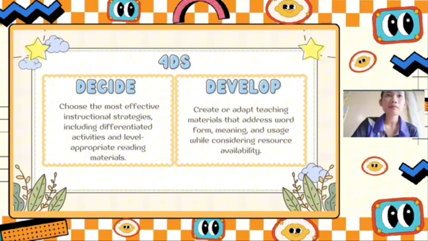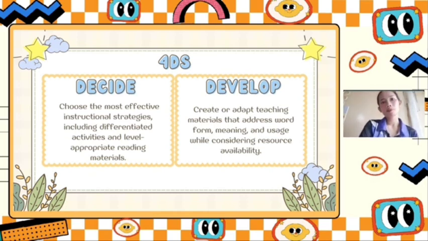Then, you have to choose and decide the most effective instructional strategies, including differentiated activities and level-appropriate reading materials. This ensures students get tailored instruction such as scaffolded exercises, group work, discussions, and digital tools to support their vocabulary growth.